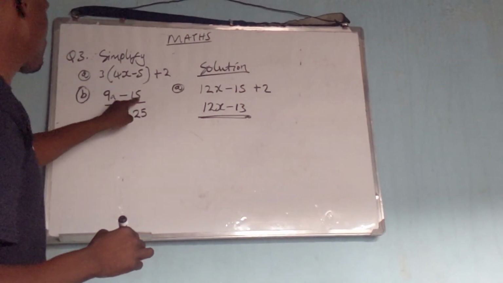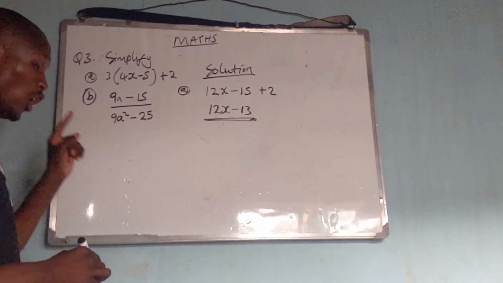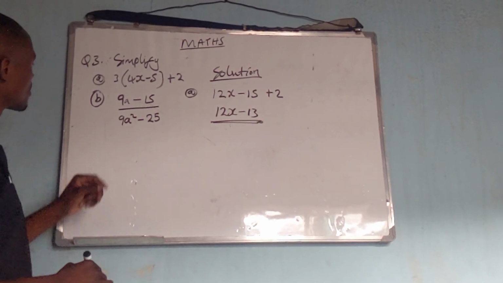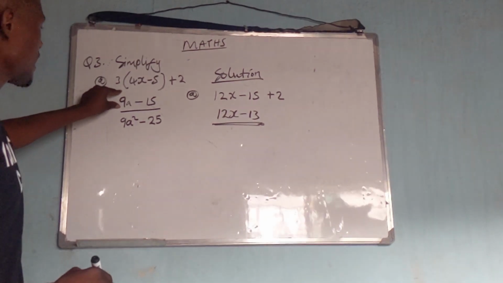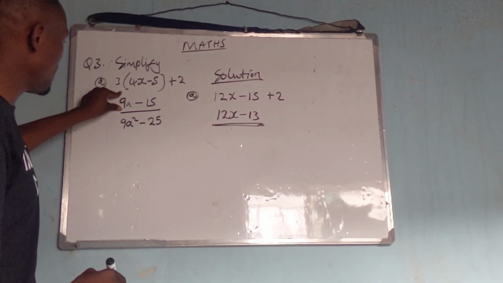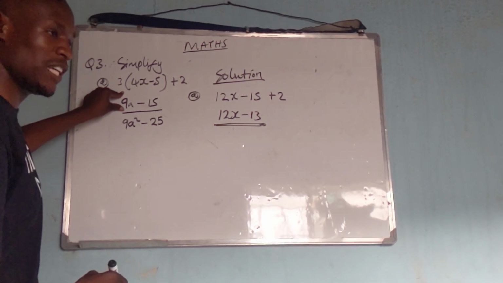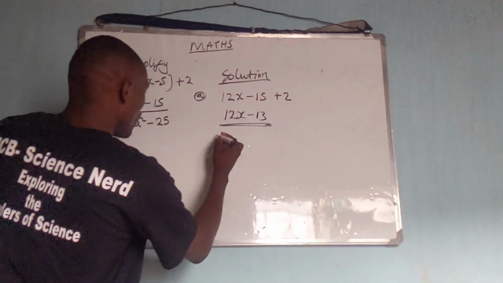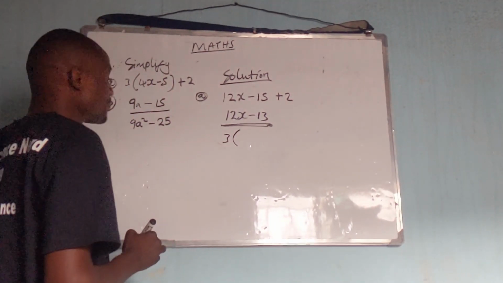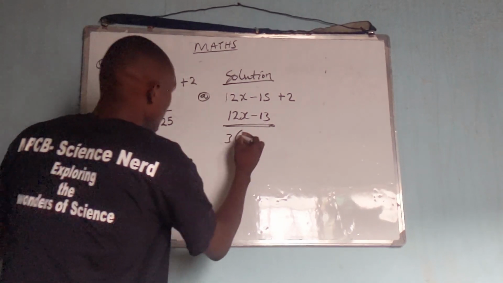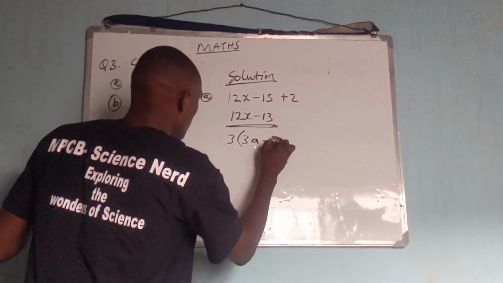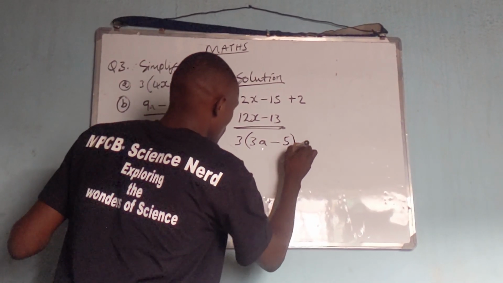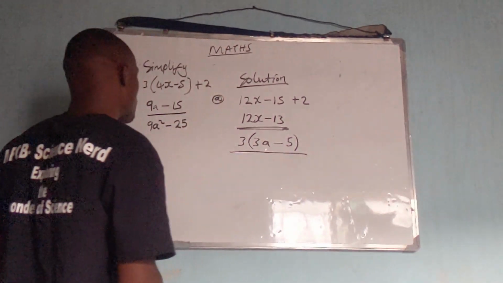9a minus 15 over 9a squared minus 25. Let us factorize a common value in 9a minus 15. What is that value? Okay, so 3 open, 3 into 9a is 3a, minus 3 into 15, which is 5, close.